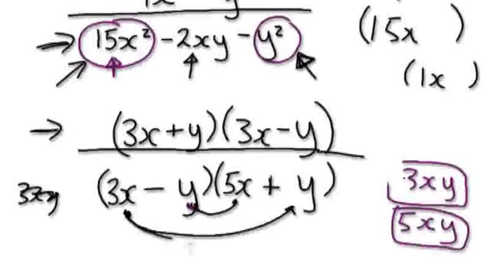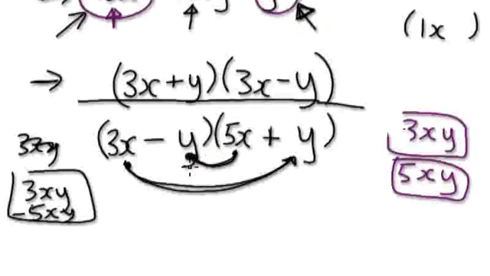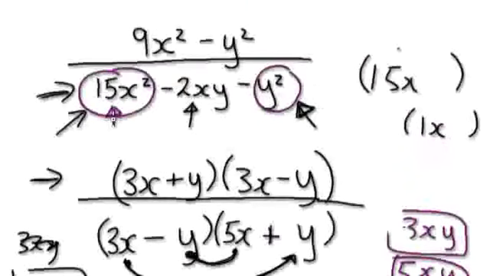Sorry, let's start again. This times this will give me positive 3xy, and then negative y times this will give me a negative 5xy. When you add the two together, it will give you minus 2xy. So when you factorize this bit here, it will become this.